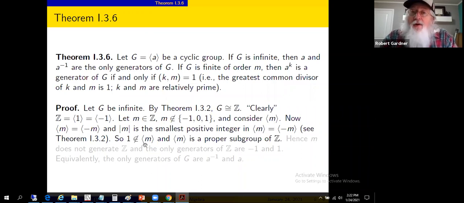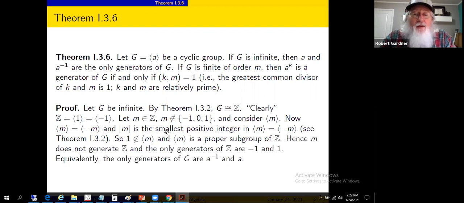So something goes wrong if you don't take 1 or -1 as a generator. You miss element 1 in the group which you generate, for example. So you get a proper subgroup of the integers, but you're not getting the integers themselves. So the only generators of the integers are 1 and -1.